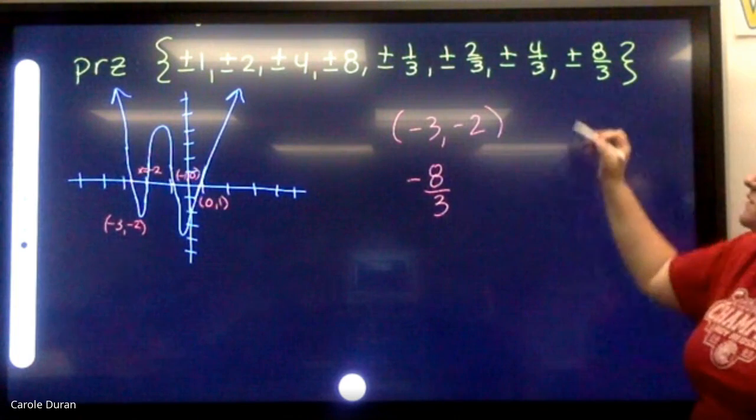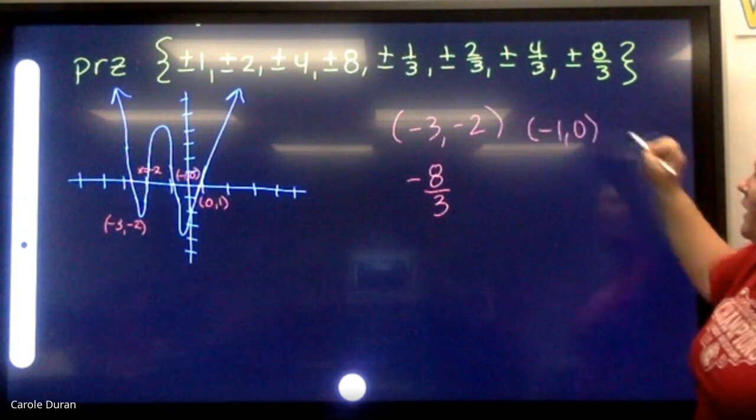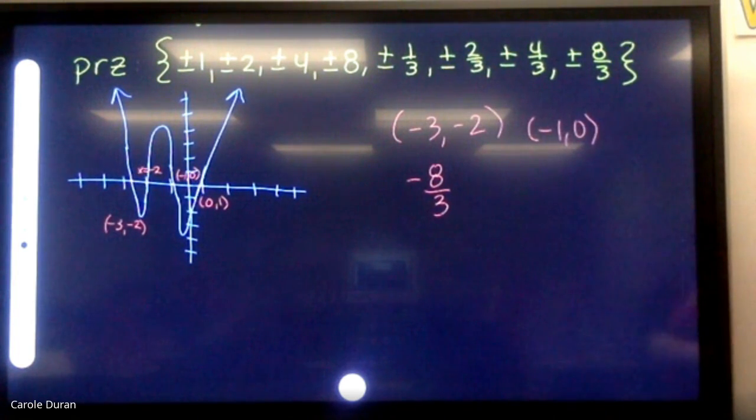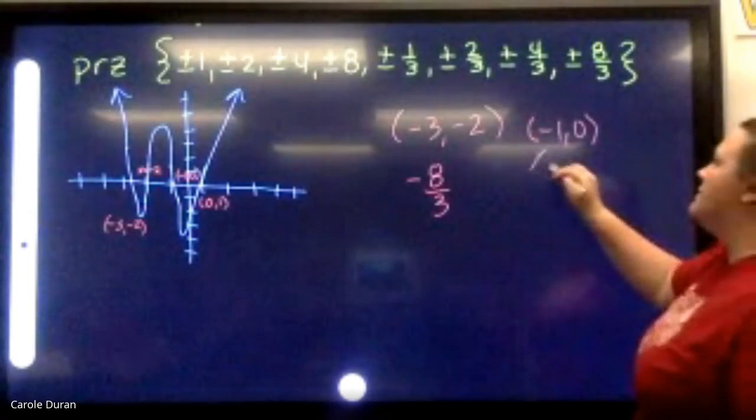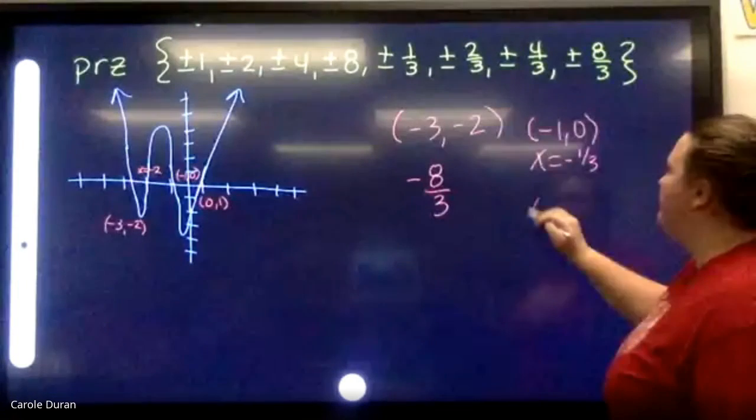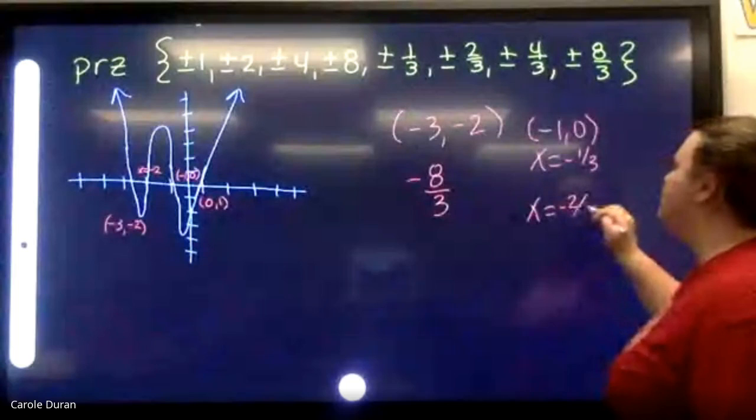So that one works. What about between -1 and 0? Do I have any values here that I could test? Or -2/3. -1/3 and -2/3. So I have 2 there that I can test.